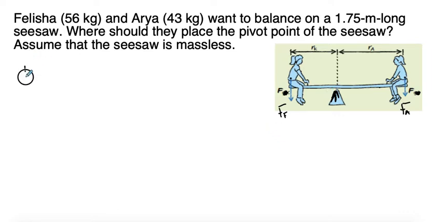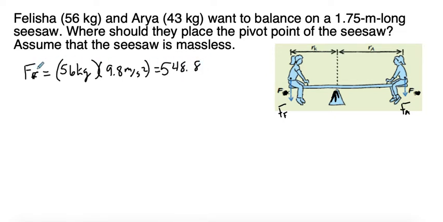So let's figure out the force of Felicia. We'll make the capital F. That's going to be her mass, 56 kilograms, times the pull of gravity, 9.8 meters per second squared. We multiply those two, and that ends up giving us 548.8.